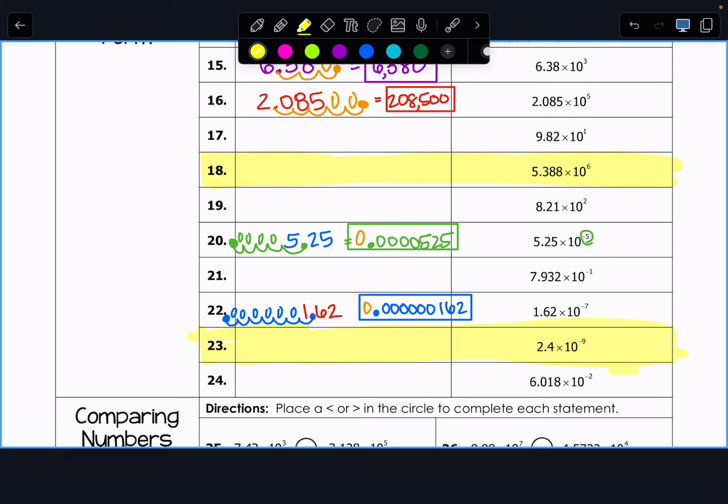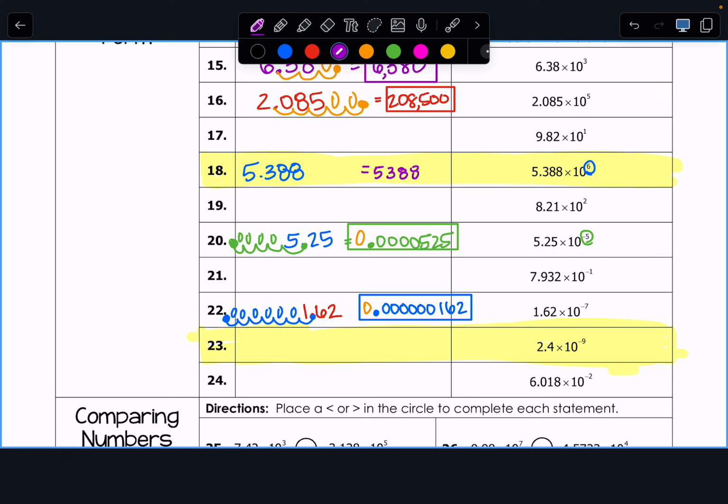You moved way more than 6 times. How many times did you go? I think 10. You did the process right, though. If we take 5.388 and we move the decimal, how many places? 6. What answer did you get? 538,000.